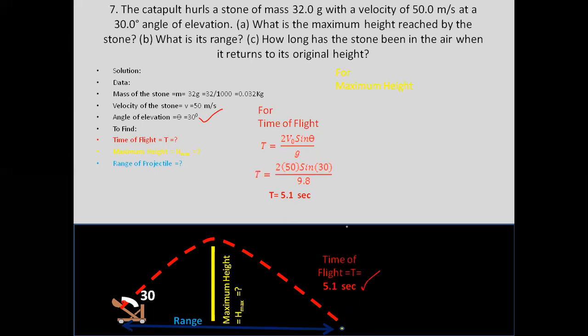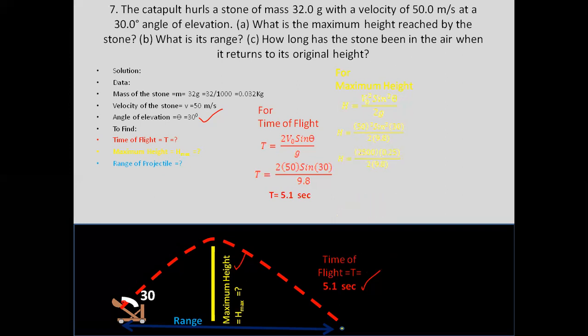Now we have to calculate the maximum height, this part. For the maximum height, again we have a formula: h is equal to v naught square sine square theta divided by 2g. Here we have h is equal to 50 square, which is v naught square, sine square 30 divided by 2 into 9.8. What do we get from here?